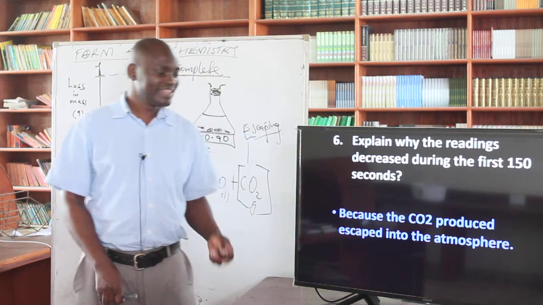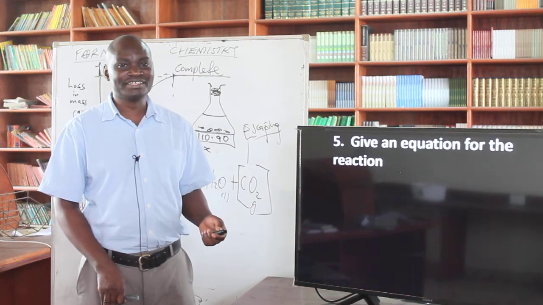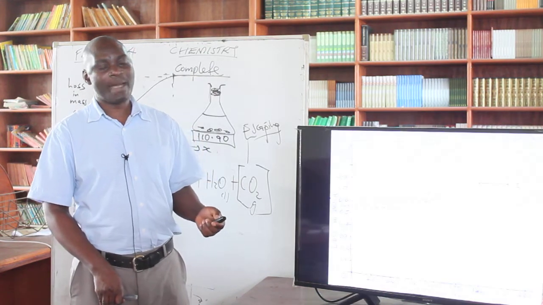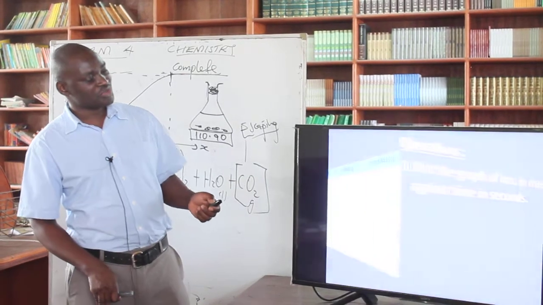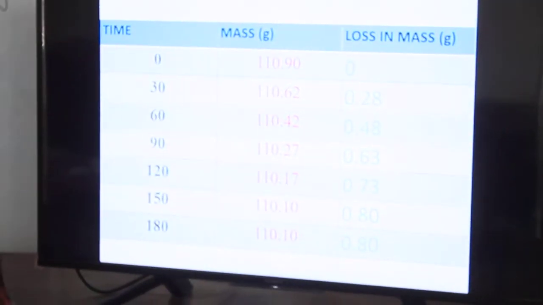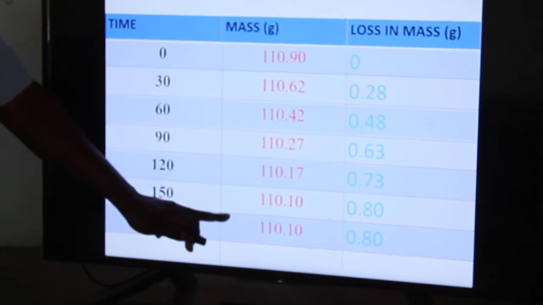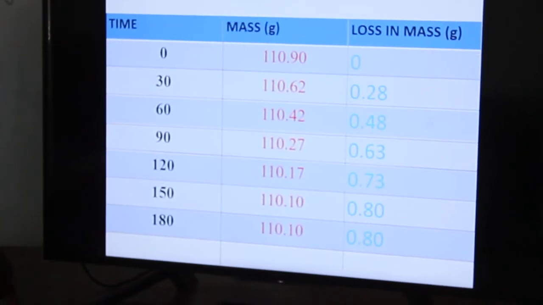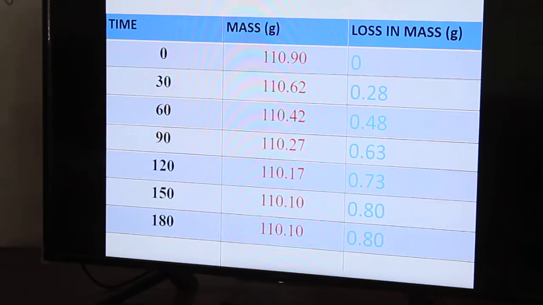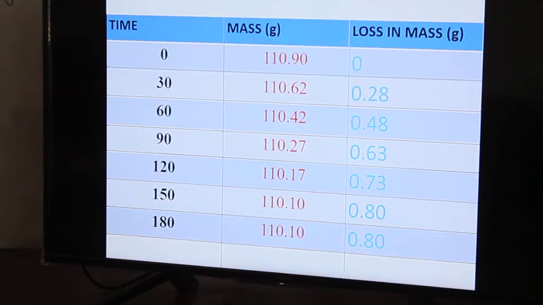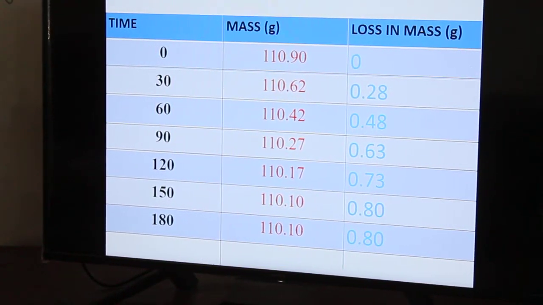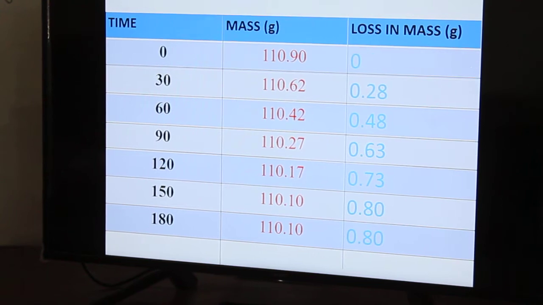The reason why there was a decrease in the readings, if you come back to your table, you can see the gradual decrease in reading. We have talked about that. It is because of the production of carbon dioxide which escaped into the atmosphere.